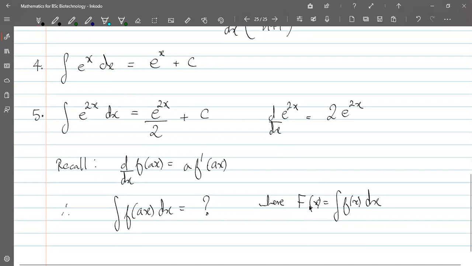Okay. Then what will be integration of small f of ax? So if f of x is this, what is integration of f of 2x, that is e power 2x? Here we see it is e power 2x by 2. So here what should it be in terms of capital F? It should be capital F of ax clearly, but something else should be there. Well, observe this. If you differentiate capital F of ax, what will you get?